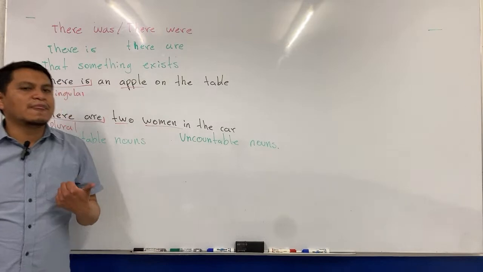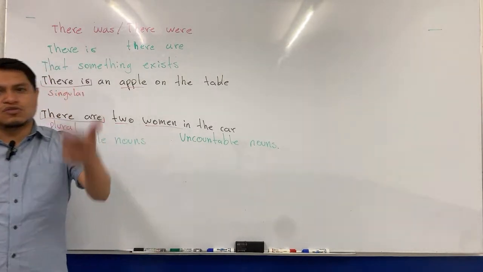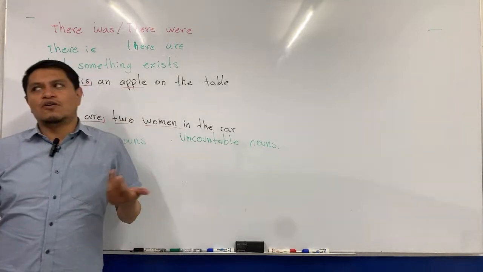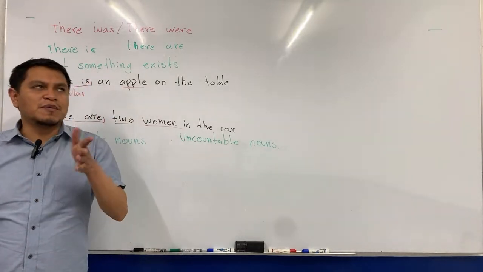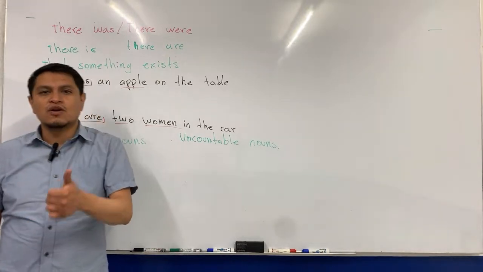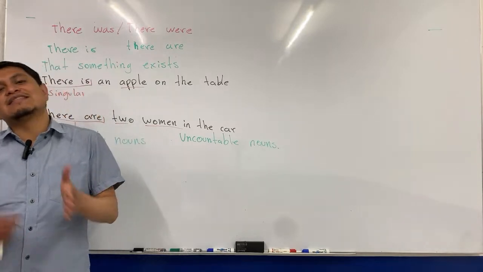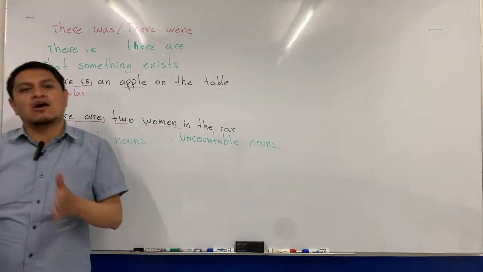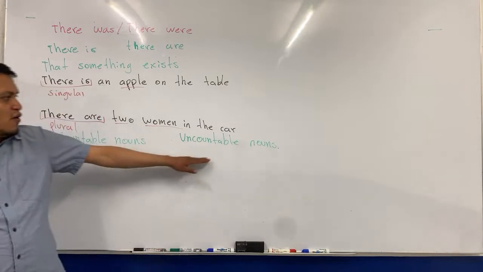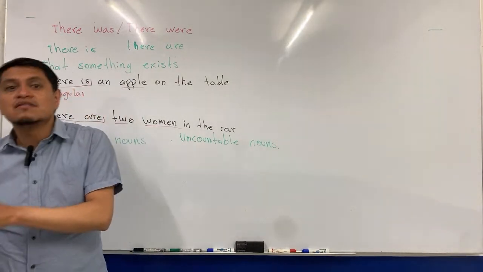For example, a person, a student, one student, two students, three students, or people, or apple, or orange. One orange, two oranges, three oranges, right? Things that you can count, right? And uncountable nouns are things that you cannot count.